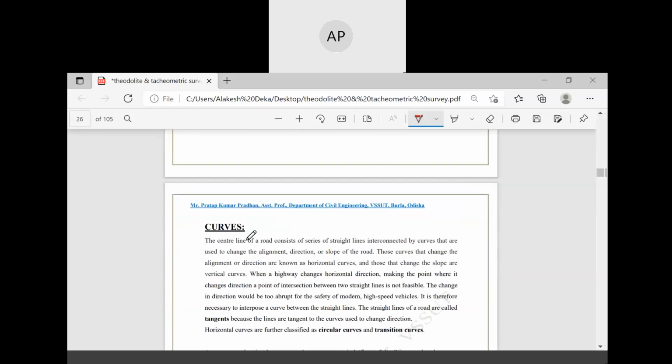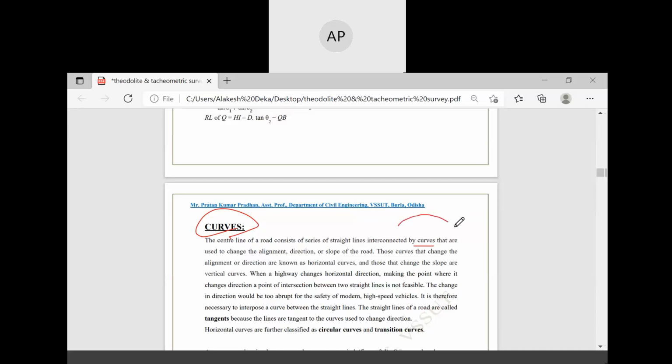The center line of a road consists of a series of straight lines interconnected by curves, isn't it? So, in a road system, we have different such types of turning. These turnings are generally provided with the help of curve survey, both in railways and roadways, to change the alignment, direction, or slope of the routes.